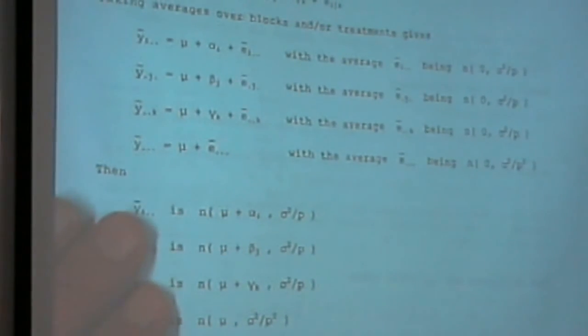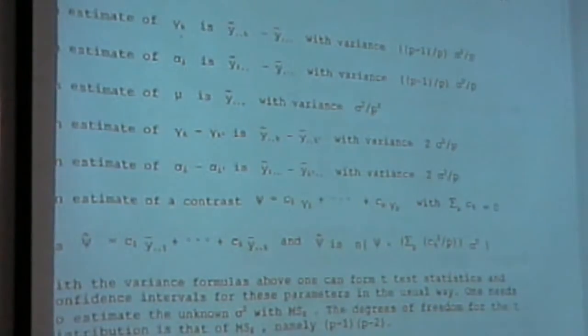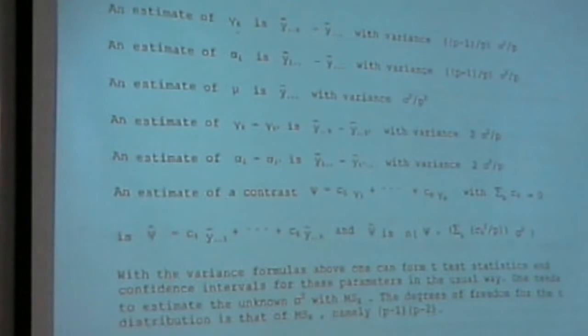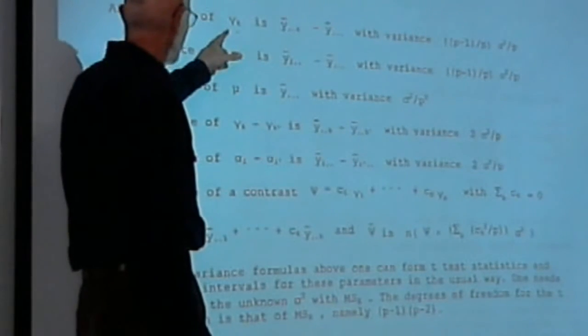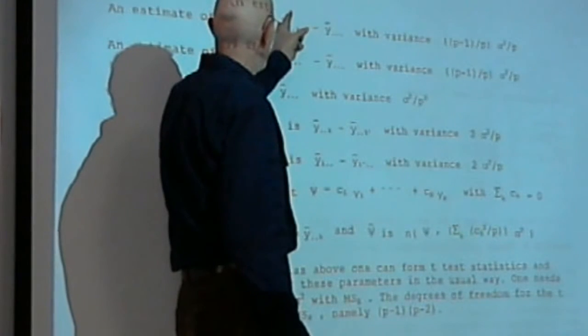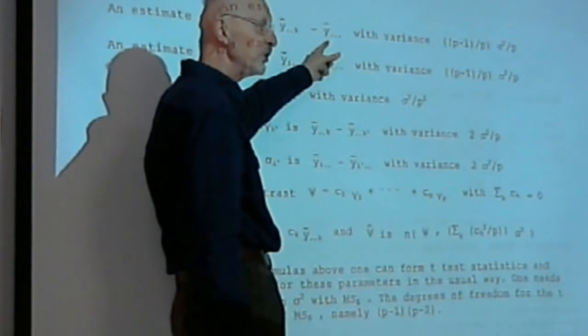Now, once we know that, we can figure out, for example, like we did earlier today in the RCV design, how to estimate gamma k. That's our treatment effect. Now, this has expectation mu plus gamma k, and this has expectation mu.